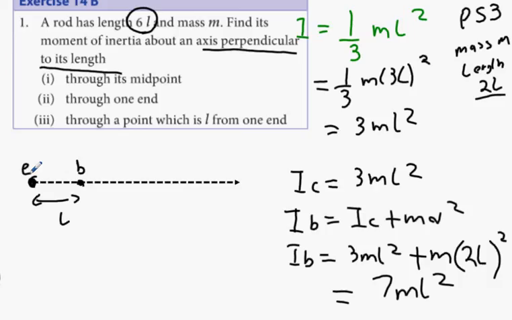What's the difference between the two axes? L. Inertia about B is the same as the inertia about E plus md squared. IB therefore is, what was the axis around its end again? 12ml squared. That's interesting.